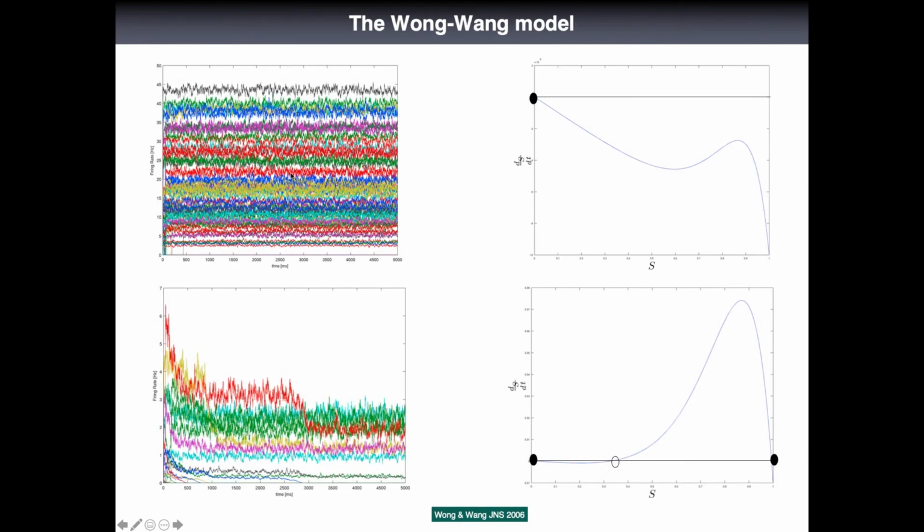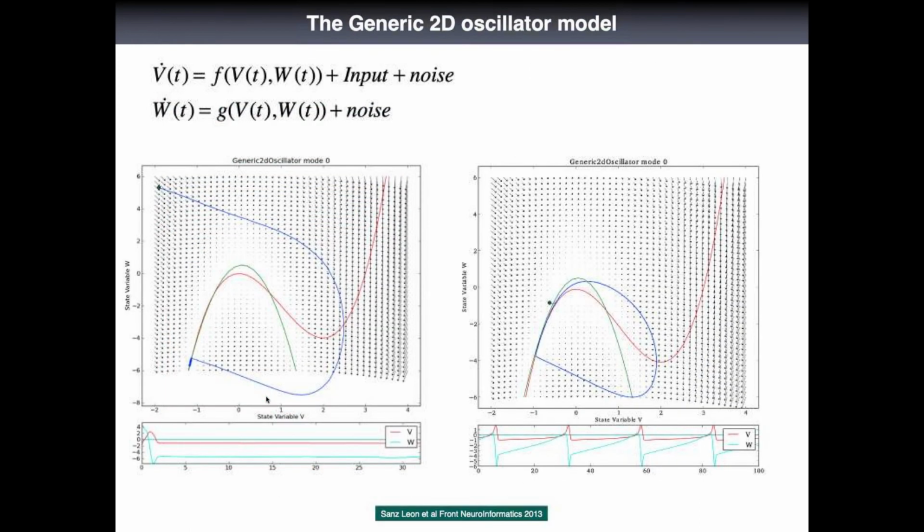The state variable here represents synaptic activity. So these are time series where only the low activity is stable, while here we have both high and low activity stable, and so we can have spontaneous jumps from one to the other.